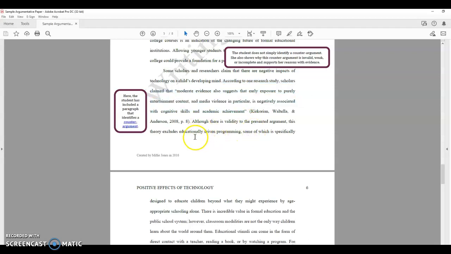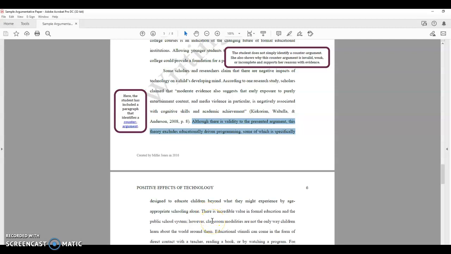So she presents the other argument, but then she says, although there is validity to this argument, this theory excludes educationally driven programming. And she goes on to critique the other argument.